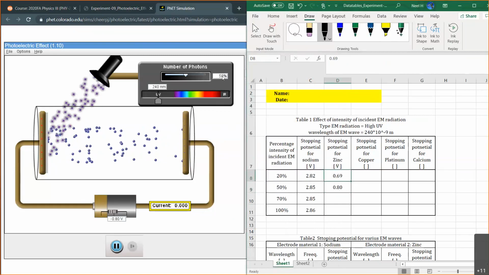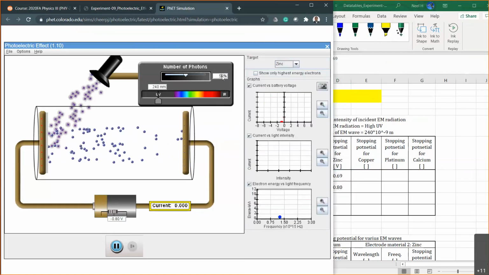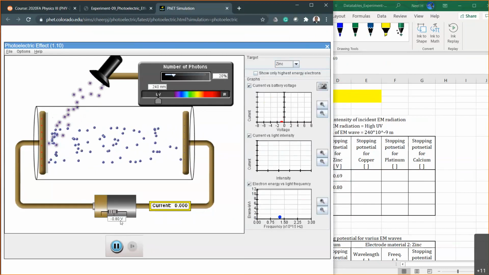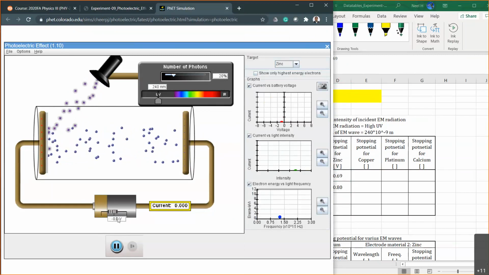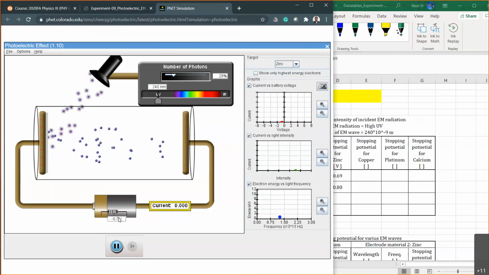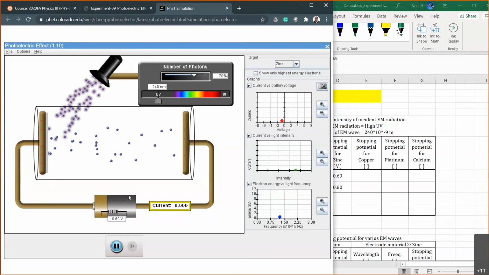So let me check very quickly, 20% again. 20%, I think the value we had is correct. 0.68 to 0.69 is the number for that one. That's okay. Let's continue. Let's try this with 70% incoming.